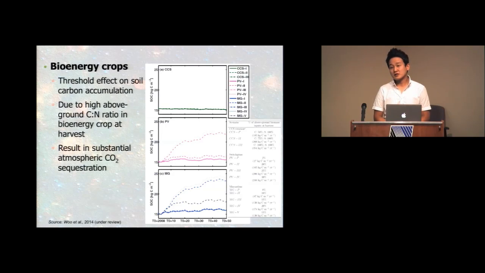The results obtained in this study highlight that there is a threshold effect on soil carbon accumulation, which is dependent on the biomass left to the soil during harvest. For switchgrass, it is 25% of aboveground biomass that is left to the soil. For miscanthus, it is 50%. However, we didn't see such a threshold effect for corn soybean rotation.